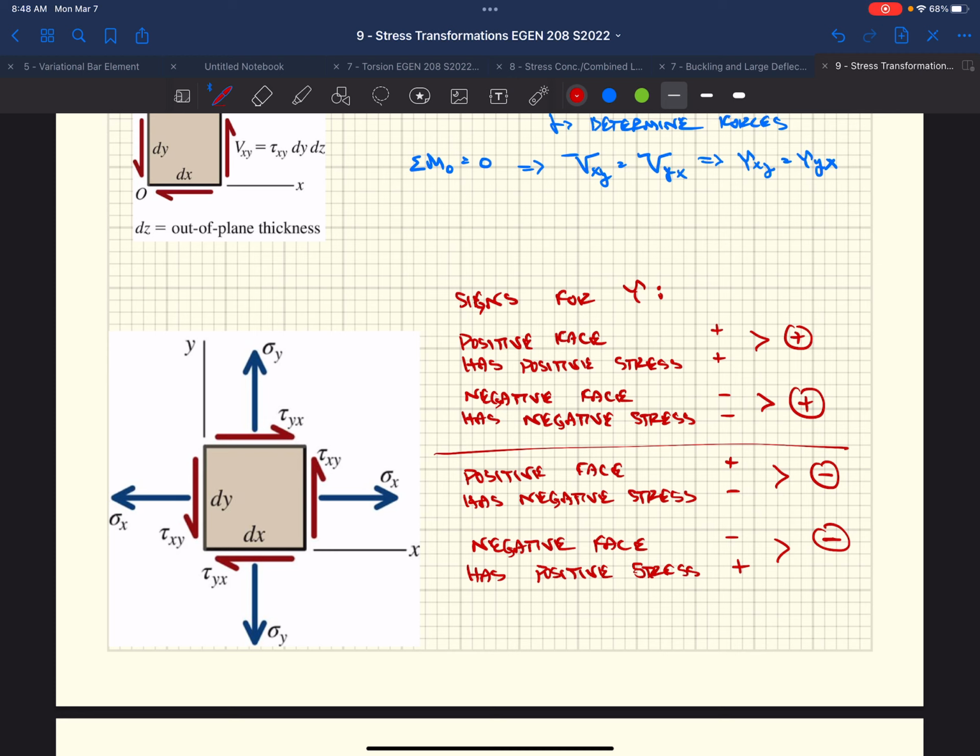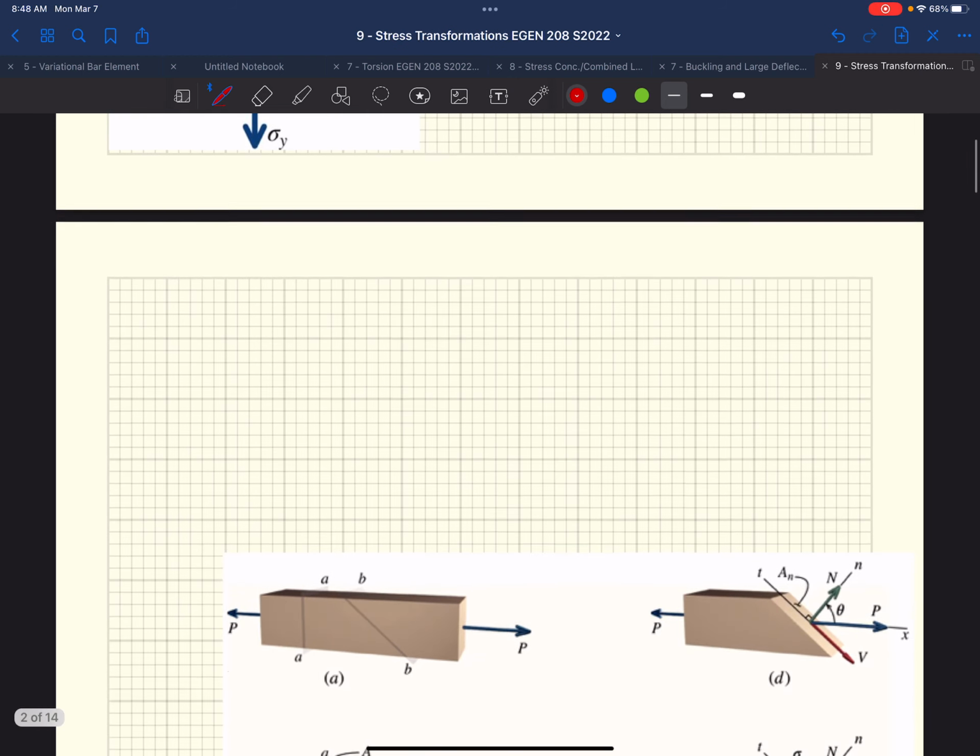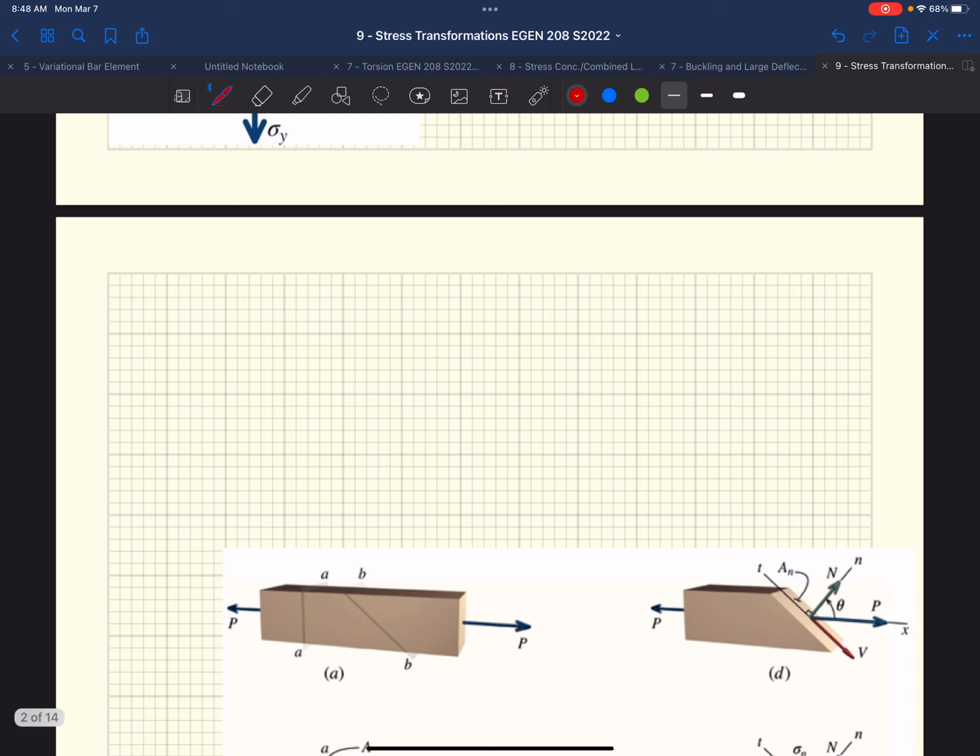Normal stresses, we already know those. If we look at plane stress now again, back on our axial material that we went over, right? That was all the way back. If we go back to chapter 1, this is all about axial.